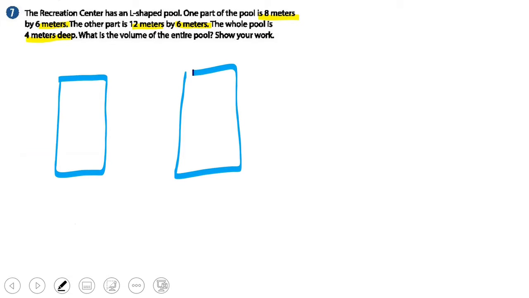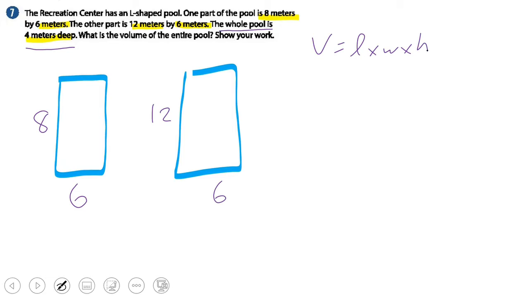So one part of the pool is 8 meters by 6 meters. And the other part is 12 meters by 6 meters. And the whole pool is 4 meters deep. With the whole pool being 4 meters deep, if we imagined what a pool actually looks like, that gives us the entire height, because remember our volume equals length times width times height.